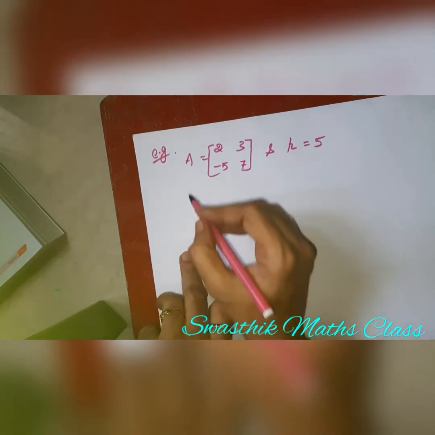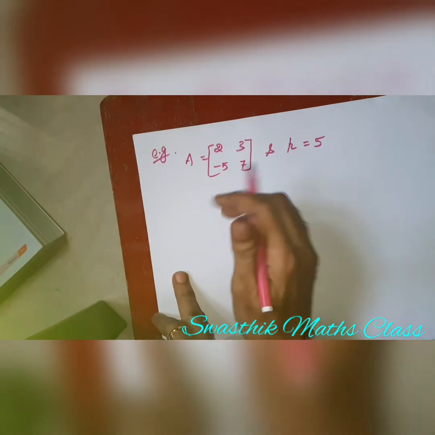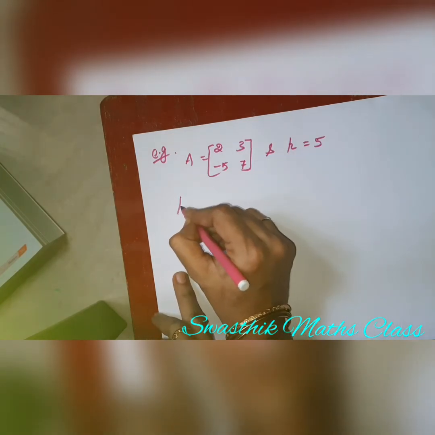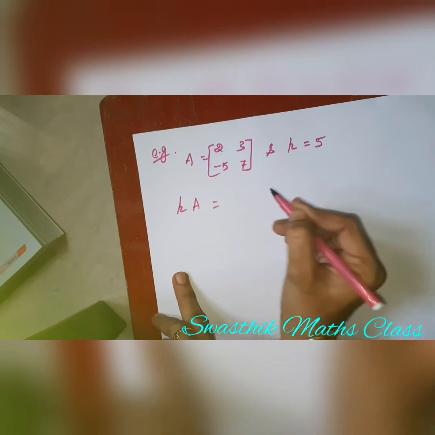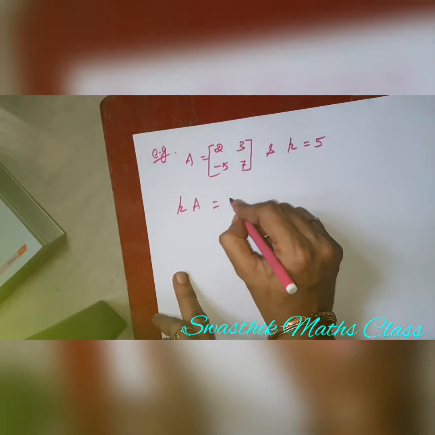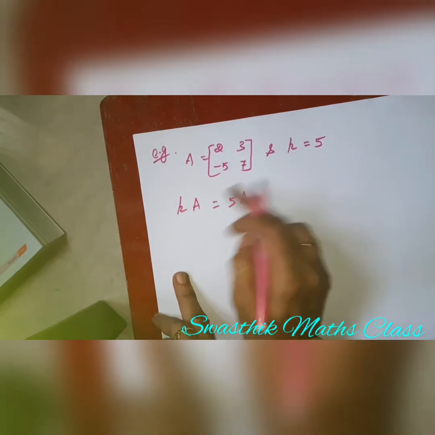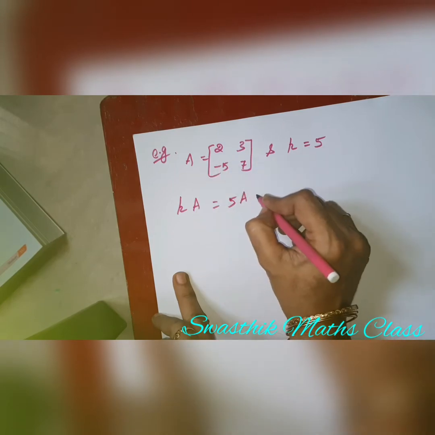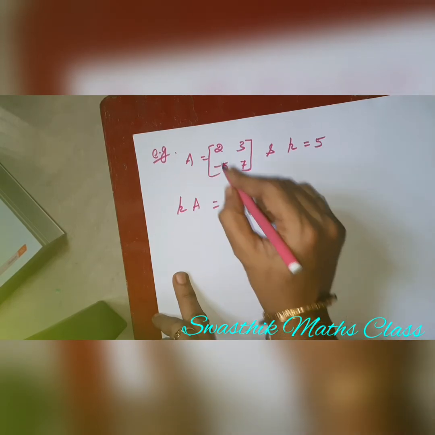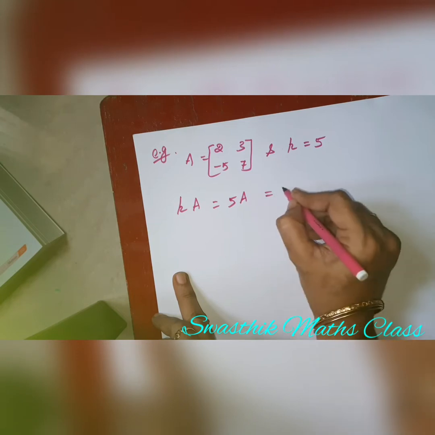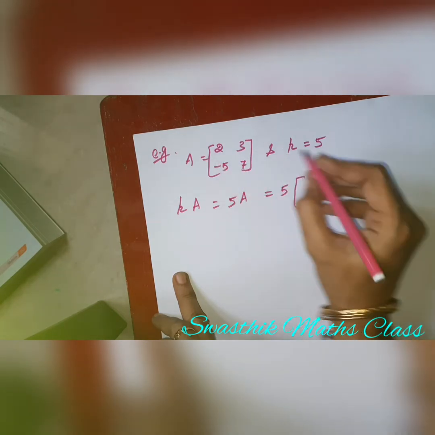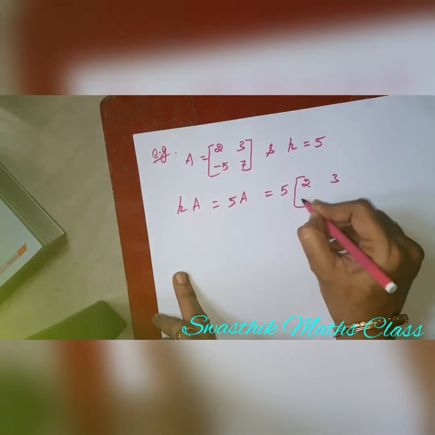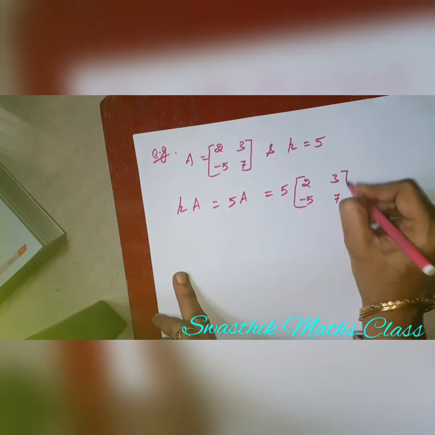Then now shall we find the new matrix Ka by our definition? So now Ka is equal to 5 into A. Instead of K we can put 5 and A is equal to this matrix. So this is equal to 5 into, what is the matrix A? 2, 3, minus 5 and 7. Right.